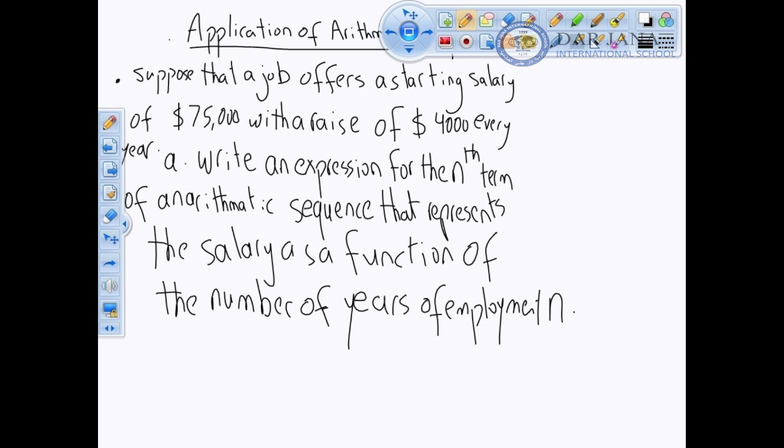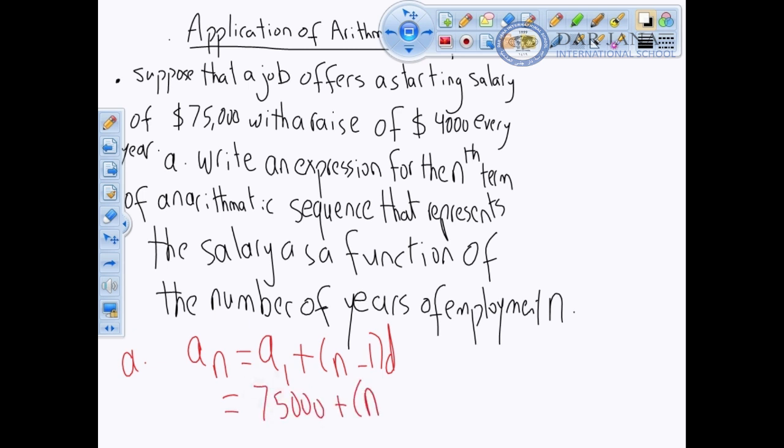And here we have an arithmetic sequence. An is equal to A1 plus n minus 1 times D. First salary is 75,000, so plus n minus 1 times D, which is 4,000.